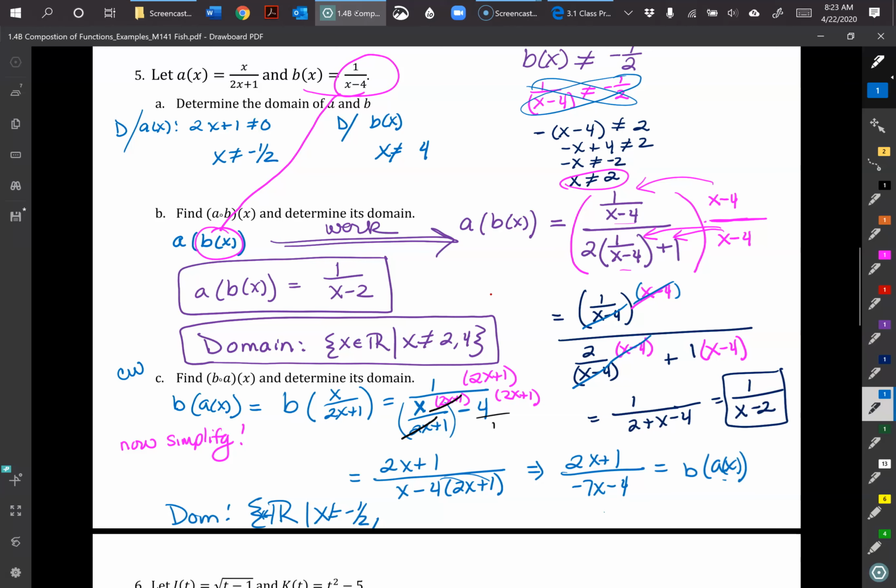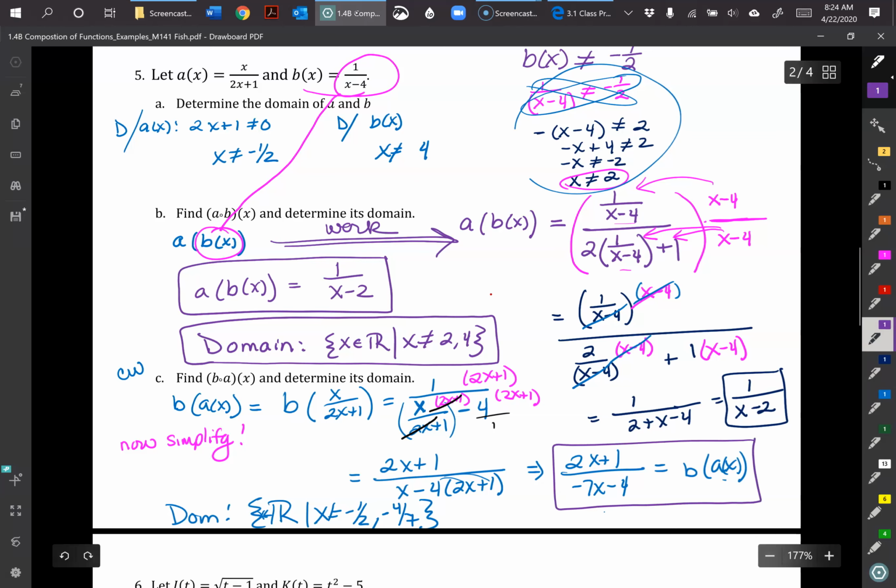So the restriction there is also x cannot equal negative 4/7. And you can figure that out the way we did up here too if you want to, but don't worry about that. This will cover it. So these are my answers here, to get that full question done.